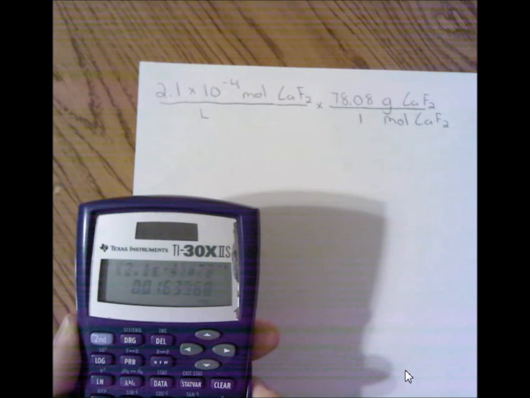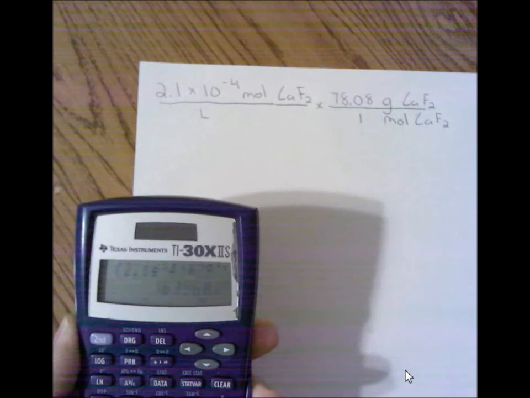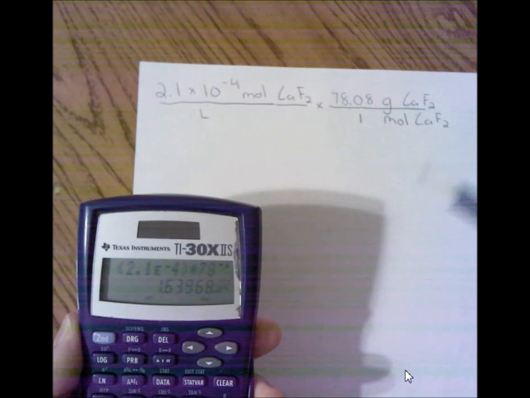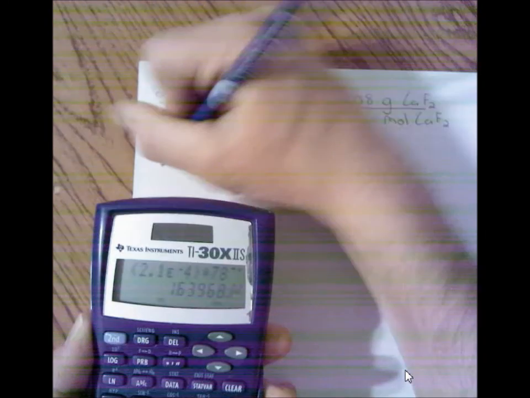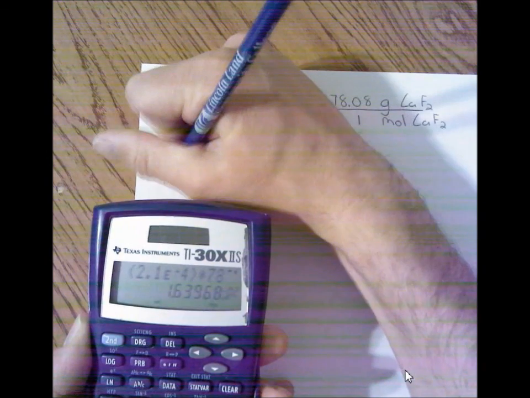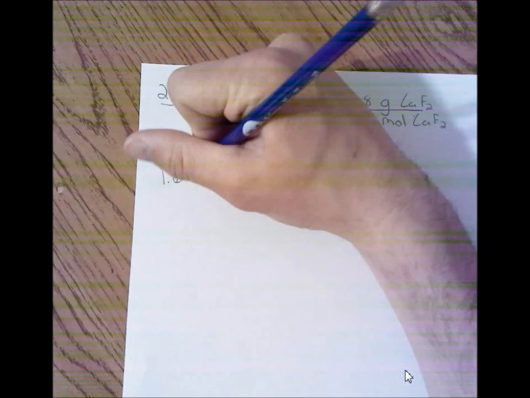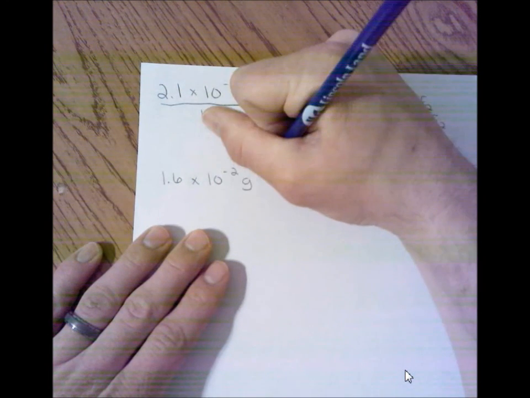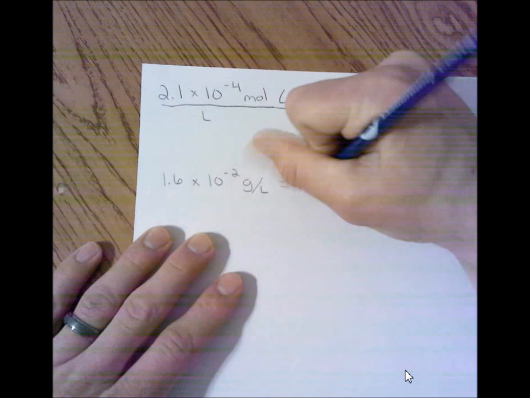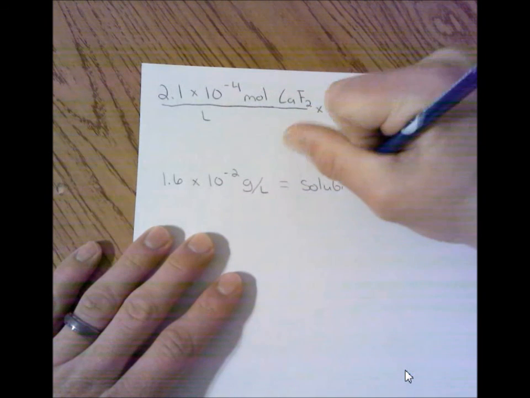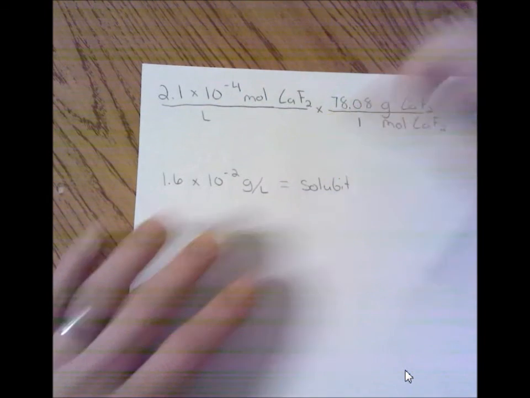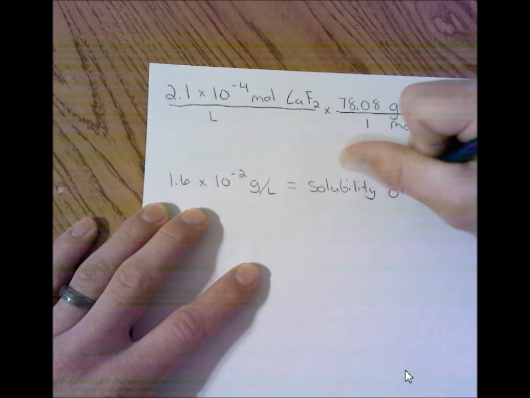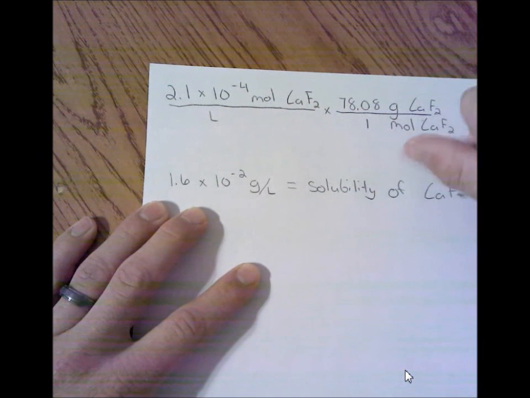We get 1.6 times 10 to the negative 2nd grams per liter. So 1.6 times 10 to the negative second grams per liter is the solubility of calcium fluoride. And this ultimately becomes our final answer.